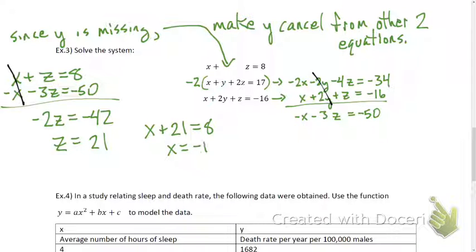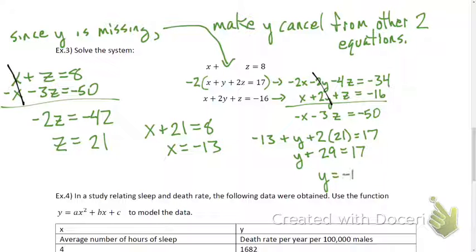And x is -13. Plug those 2 into any of the other 2 equations and we'll get y. So I'm plugging into the middle equation. So I have 42 minus 13, that's 39, so 29. And y is -12.